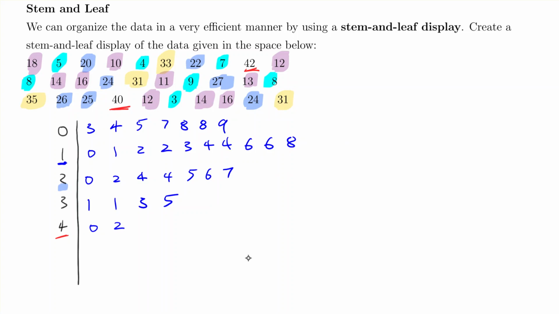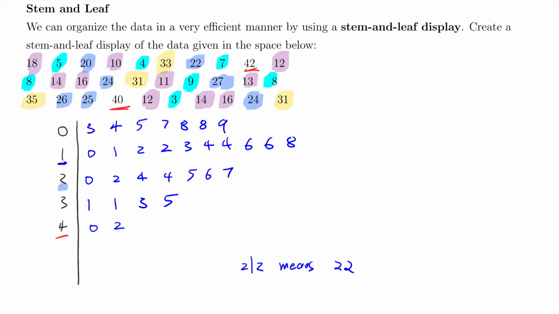In order to help the reader, we often add a note to show them how to read this. For example, 2 | 2 means 22. So this is called a stem and leaf plot. A stem and leaf plot has many benefits. First, it can easily tell us the smallest and greatest value, or an outlier if we have one.